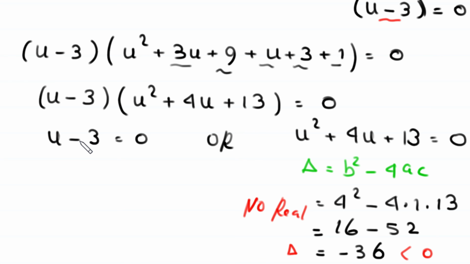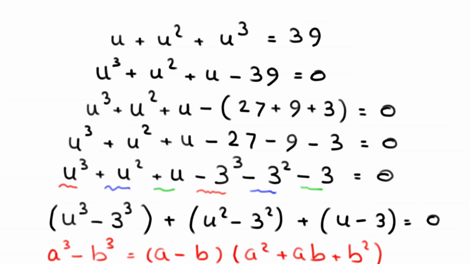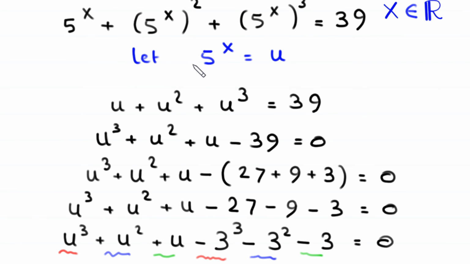And from this case, if we move this negative 3 to the right hand side, this implies that u is equal to 3. And to find the value of x, recall that we have supposed that 5 to the power x equal to u.